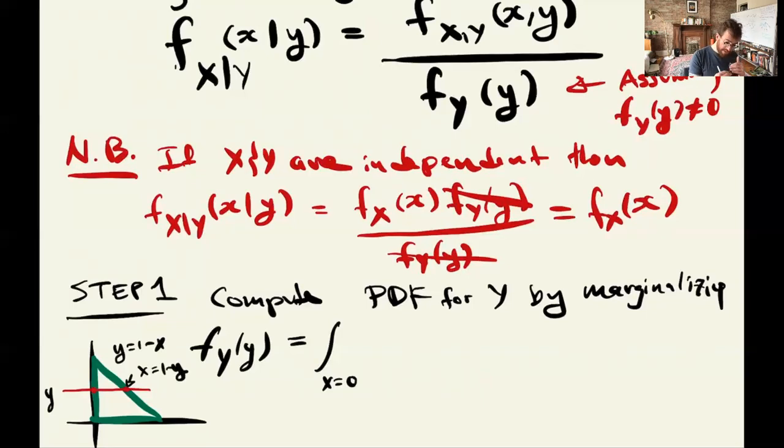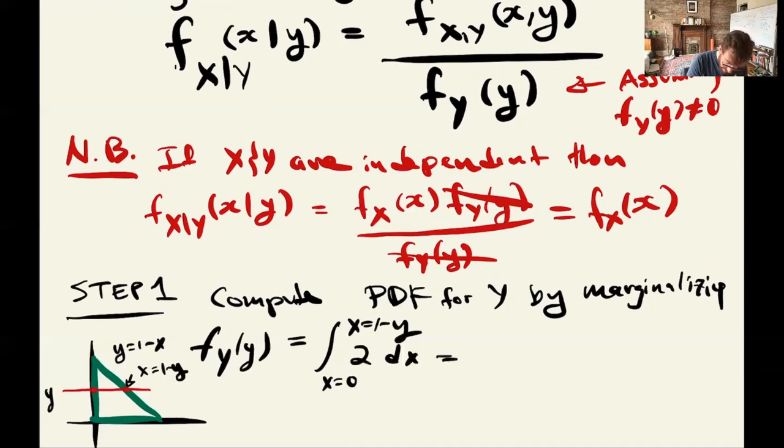And this kind of makes sense, because if y is all the way up here at the peak, 1, then I don't need to go very far. I don't go any distance. I just stop at x equals 1 minus 1, which is 0. All right, so x equals 1 minus y. And again, I'm integrating the JDF here, dx. So what does that give me?